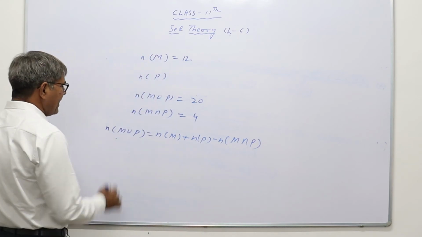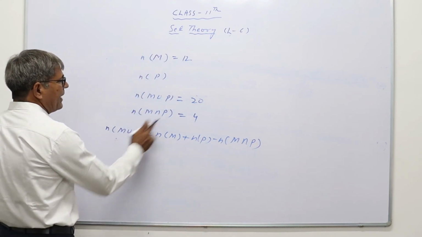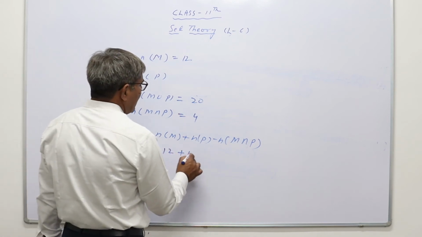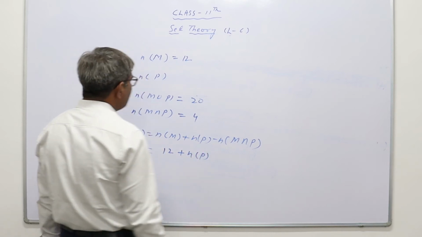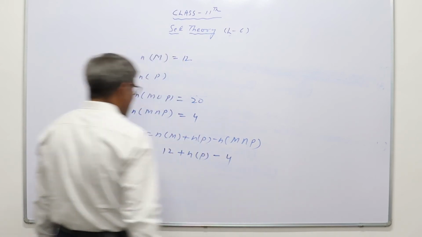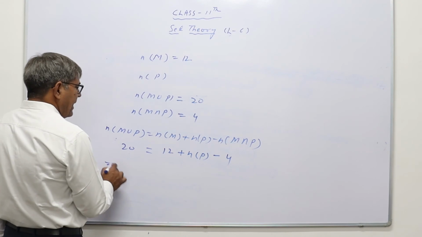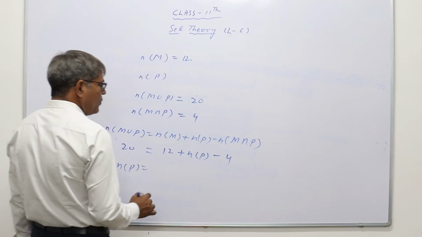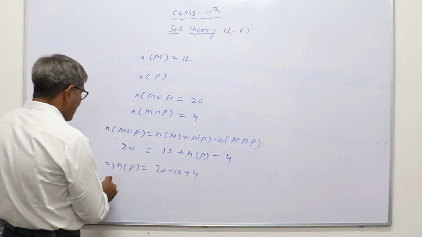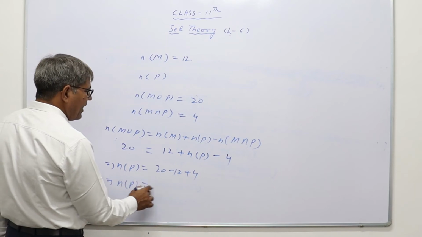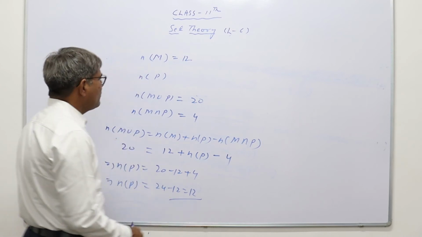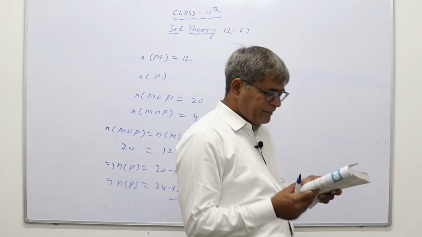Now substituting the given values, n(M union P) is given as 20, only maths 12 teachers, only physics we have to find out, and the teachers teaching maths and physics are 4. So n(P) will be equal to 20 minus 12 plus 4, which implies n(P) equals 24 minus 12, that is 12. So in this way we can do this problem.